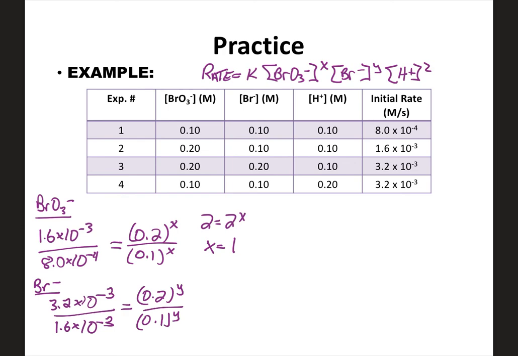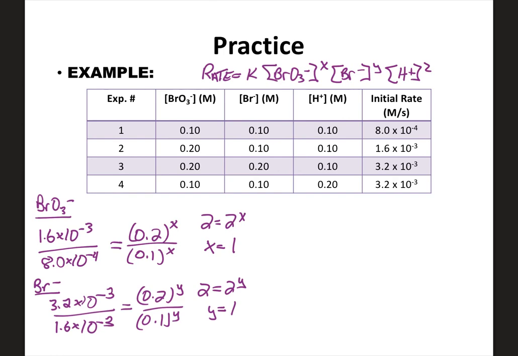So again, when I do my math here, I get 2 equals 2 to the power of y. Essentially, when I doubled that concentration, the rate doubled. So when you solve this for y, y is going to come out to be 1. So the reaction is first order with respect to the Br minus.